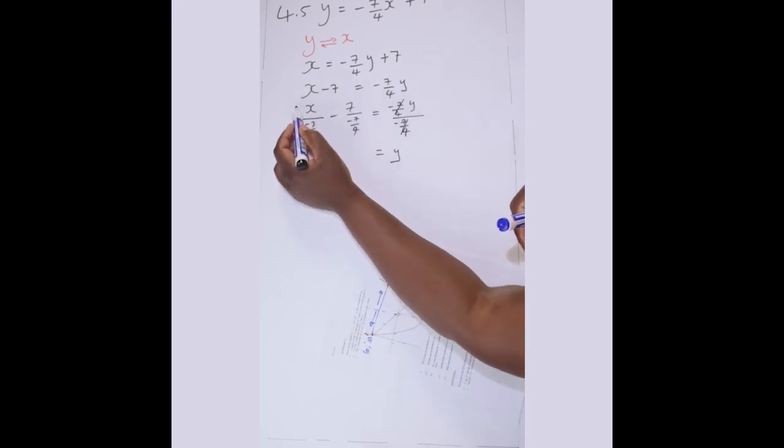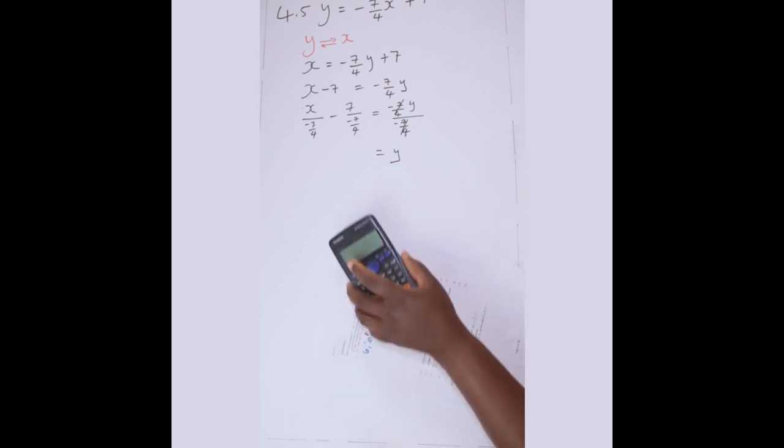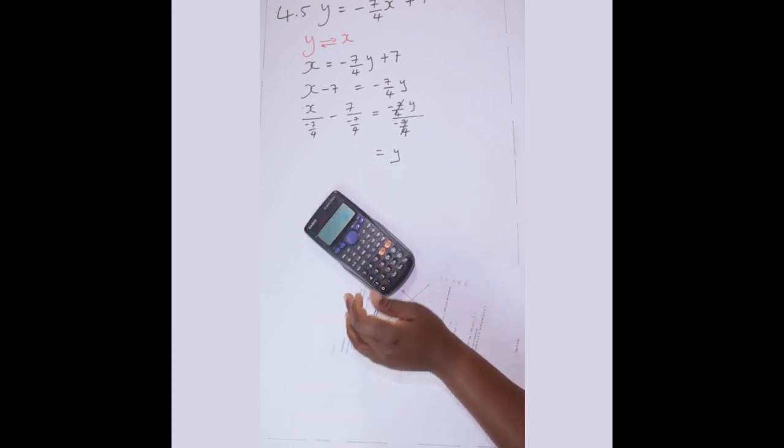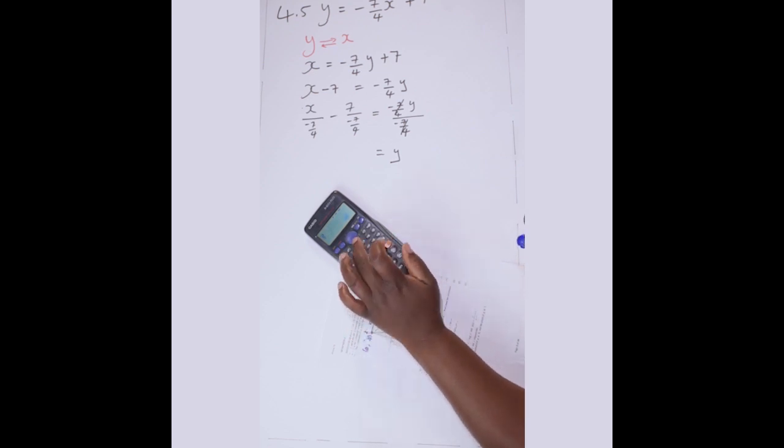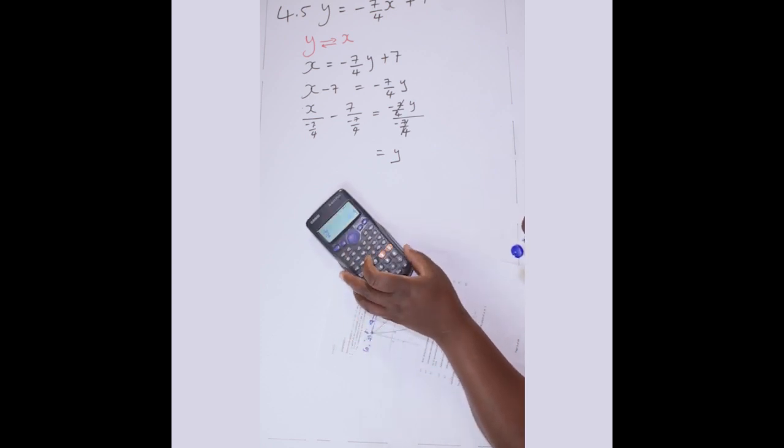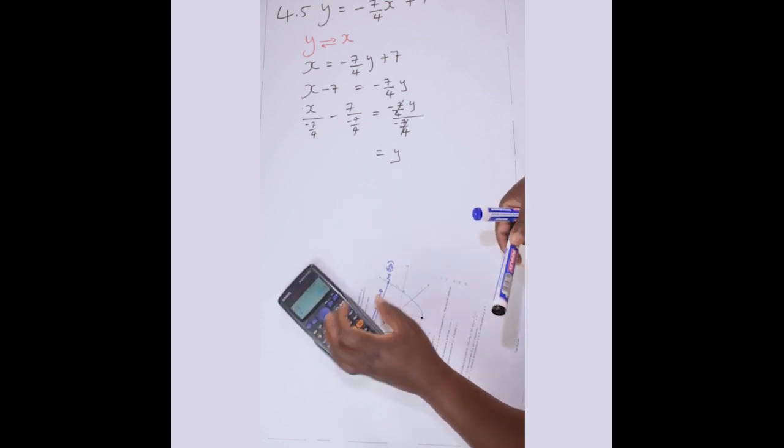Now here, one can say, how do I get, remember there's 1 here, so it's like 1 divided by -7 over 4. You can simply use your calculator to get to the solution or any other means. So using your fraction button, it is 1 divided by, and press another fraction button of -7 divided by 4. It will now give you the answer as -4 over 7.